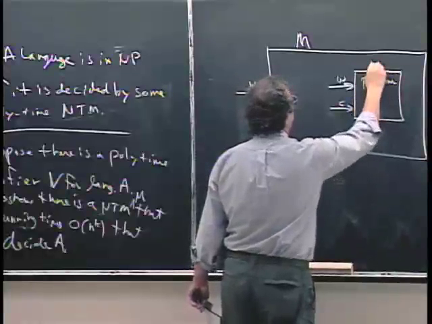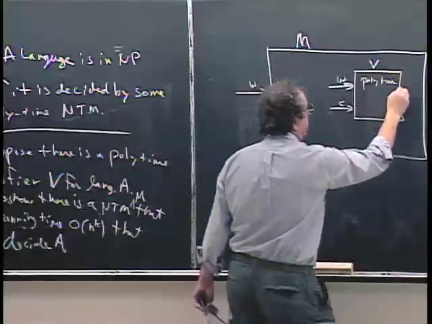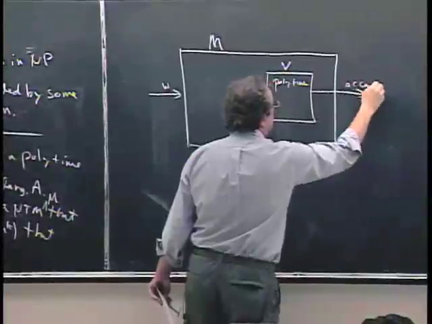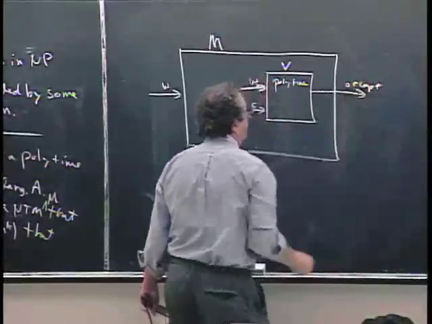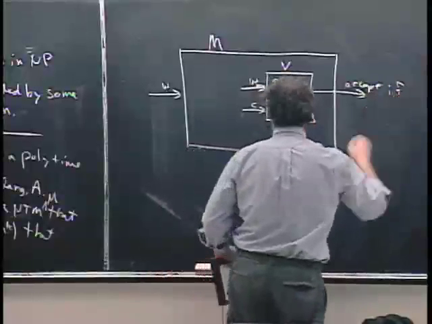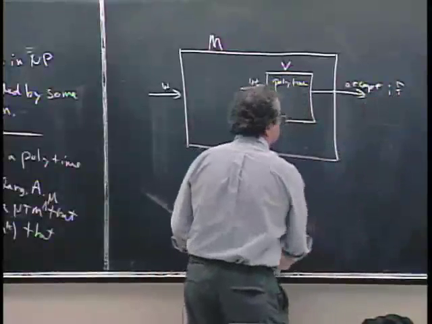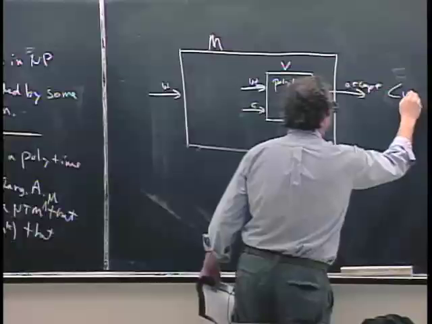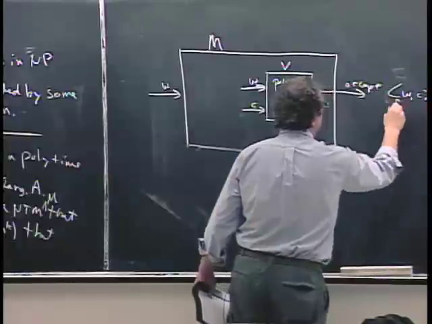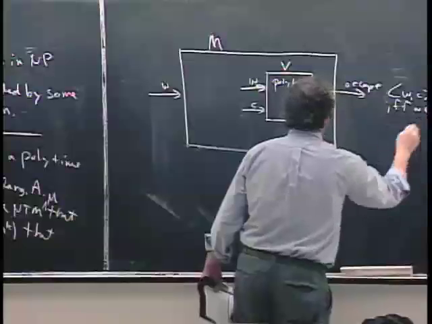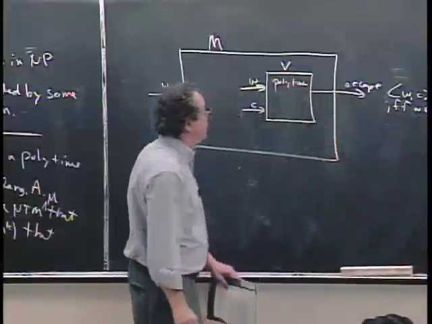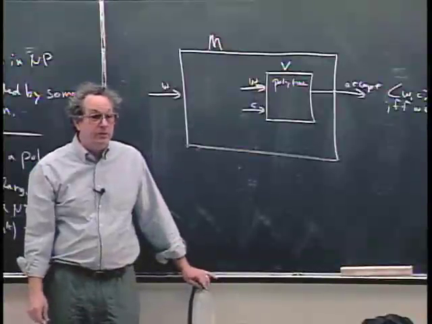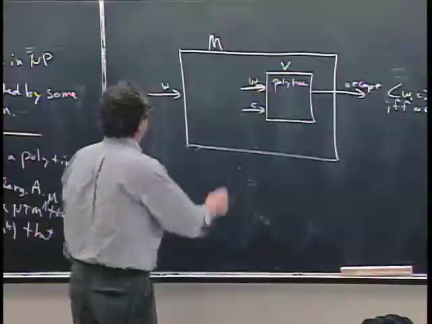V accepts W, C if and only if W is contained in A. We'll have to put a reject out here too, because M is going to be a decider, so M has to be able to reject as well as accept. And so what's going on in here?